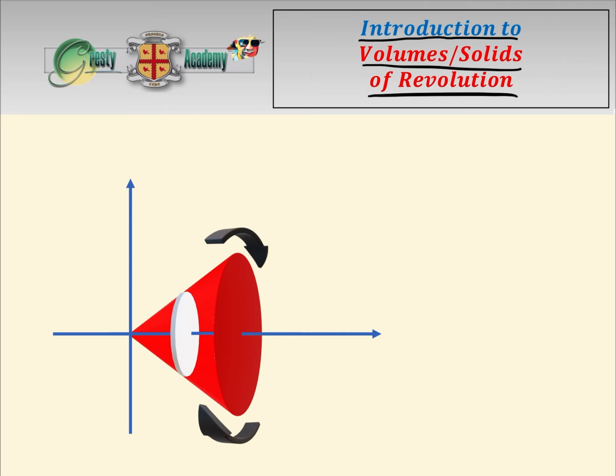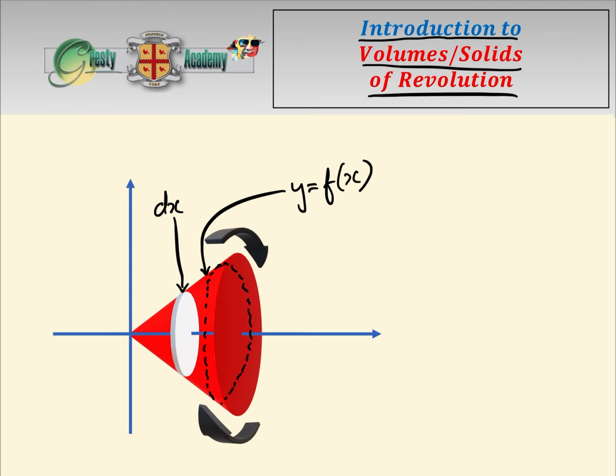Here we have a nice little picture, and here is a disk of width dx, and this here is y equals f of x. We have rotated it 2 pi around the x-axis, and we want to find the volume of the solid generated.